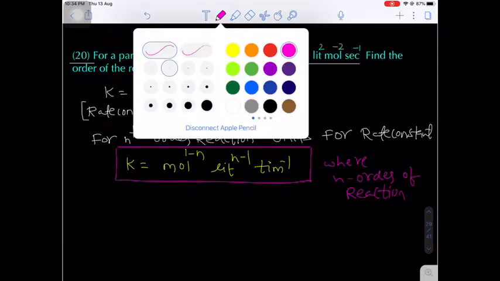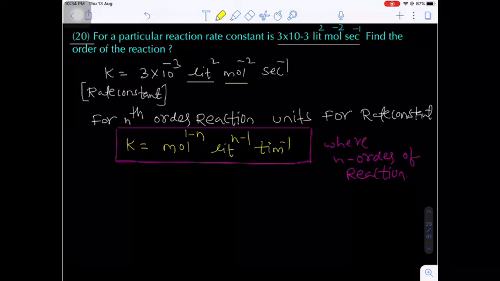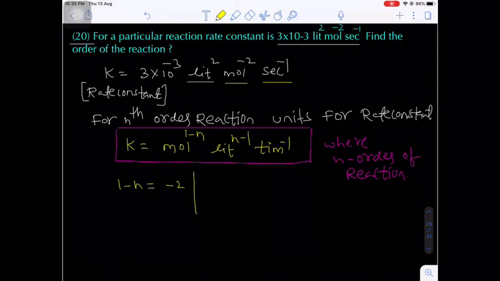Now in this question the rate constant units are given, that is liter square, mole to the power minus 2, and second inverse, that is the time inverse. Now compare the powers of liter and mole. What is the mole power here? 1 minus n, but in the question it is given as mole to the power minus 2. From here we can calculate the n value.